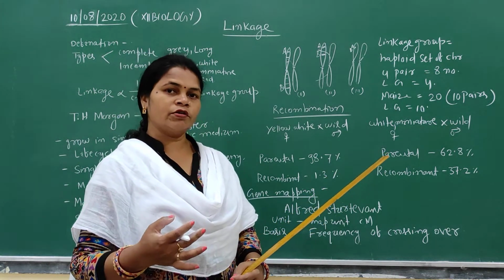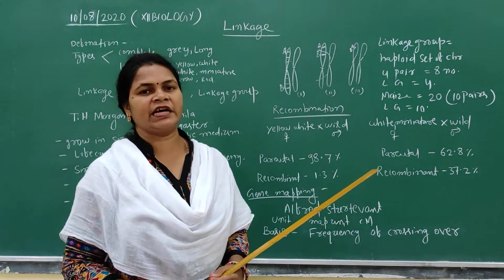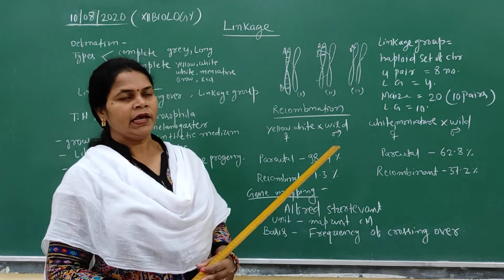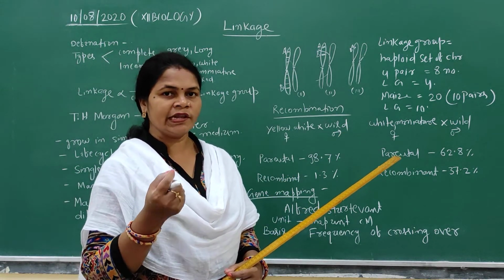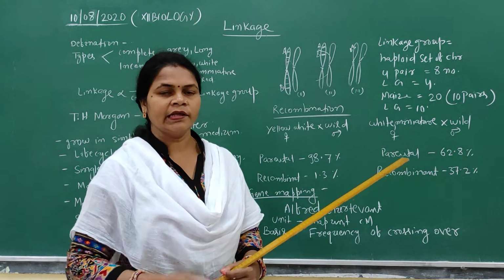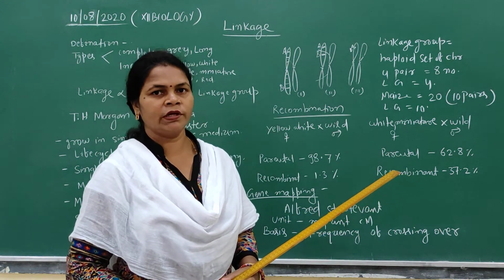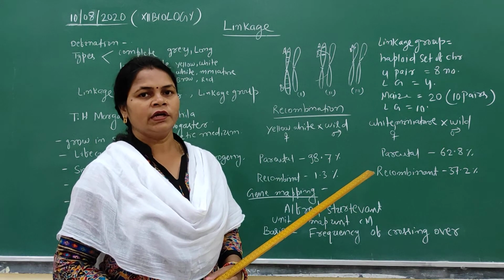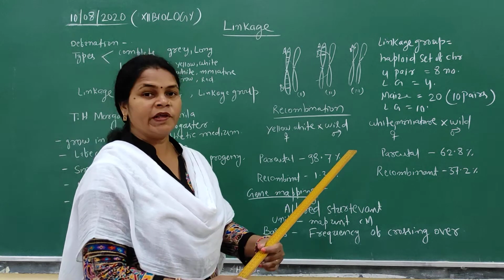So if the crossing over frequency is more, we can say that the two genes are distantly located. If the crossing over frequency is less, then we can say these two genes are very close to each other on the chromosome. Clear?